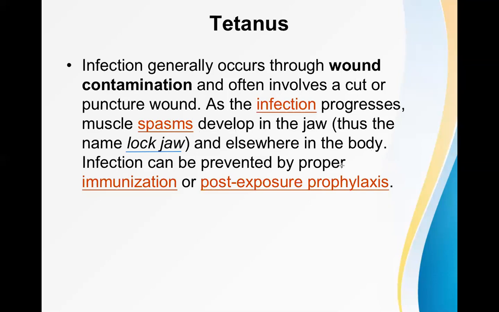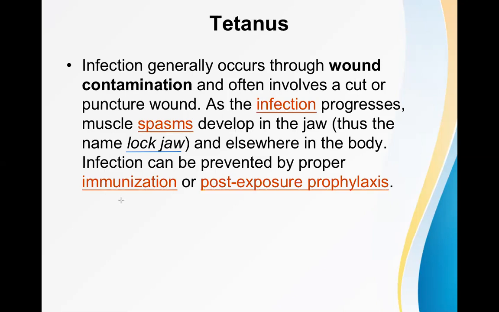Now, not everything is grave in tetanus. The infection can be prevented. There are two ways of prevention. One is proper immunization before that type of injury or wound contamination occurs, and another is called post-exposure prophylaxis.